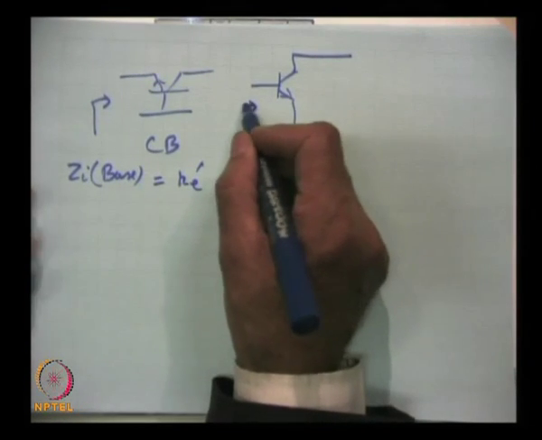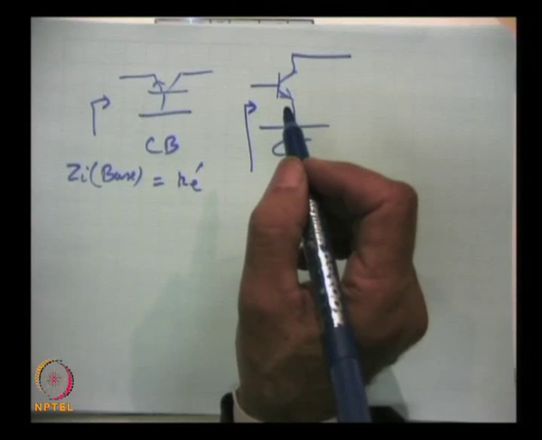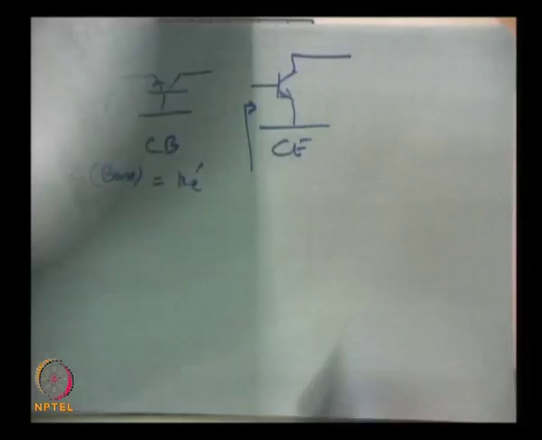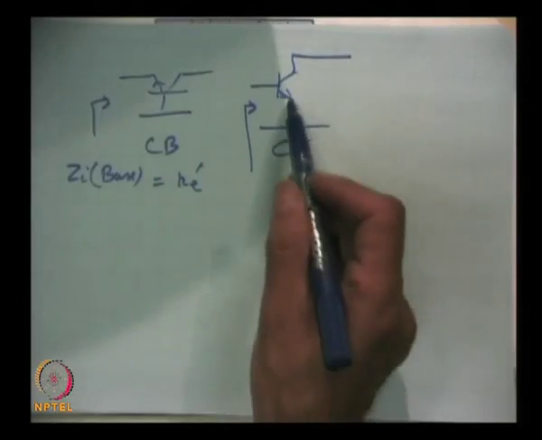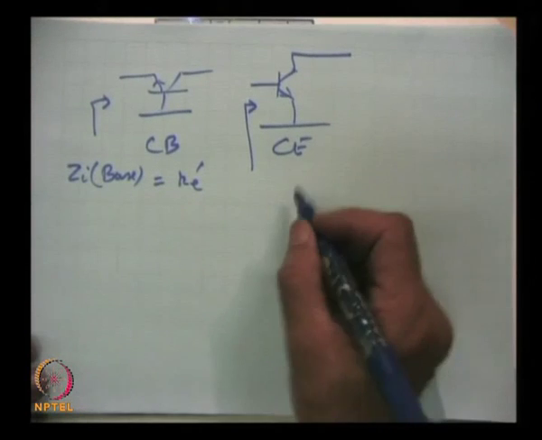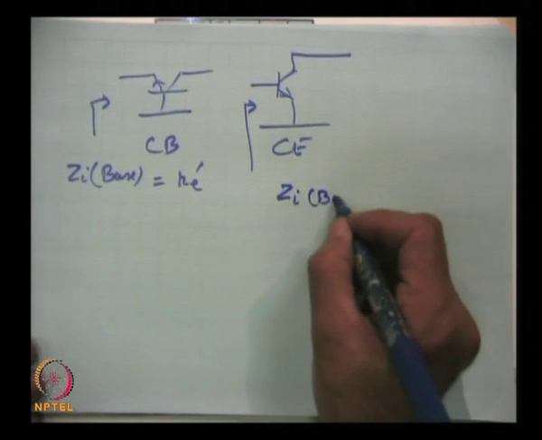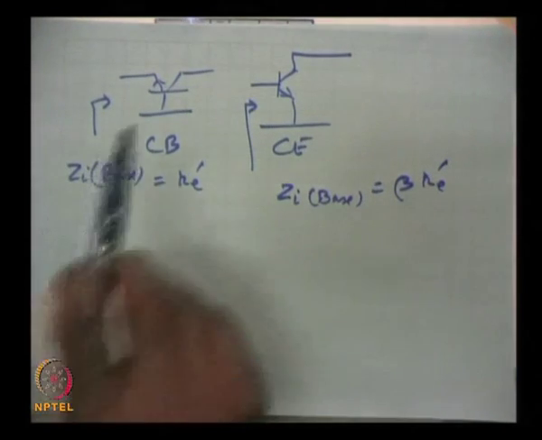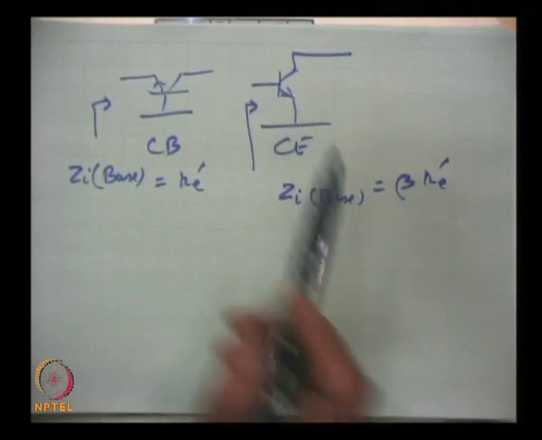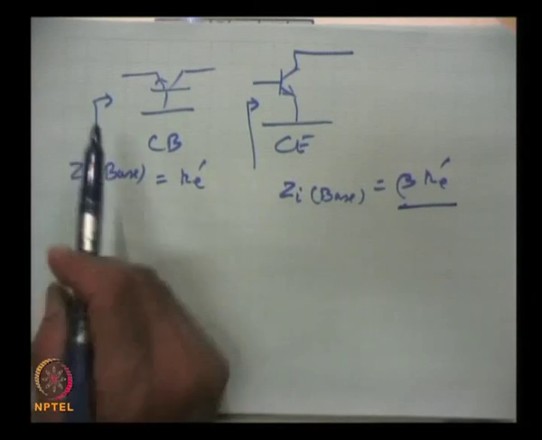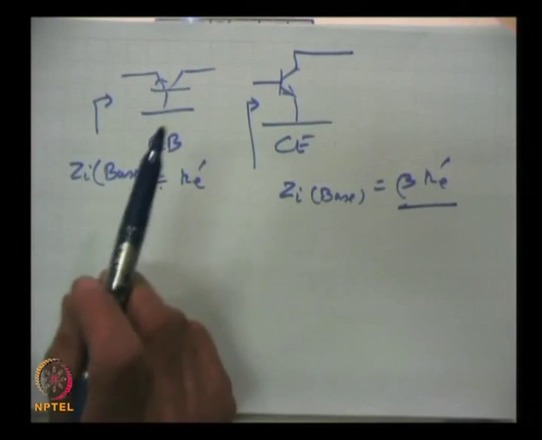The impedance in this expression, here R E is 0, so it is beta R E prime. So, in this case Z I base is beta times R E prime. So, the important point is same junction gives here much higher impedance looking at the base than in the case of C B. Why is it so?